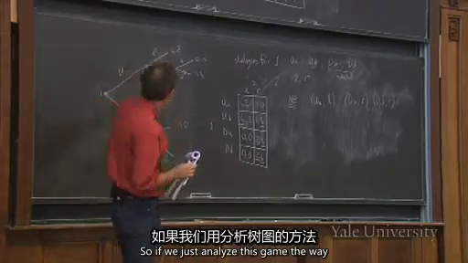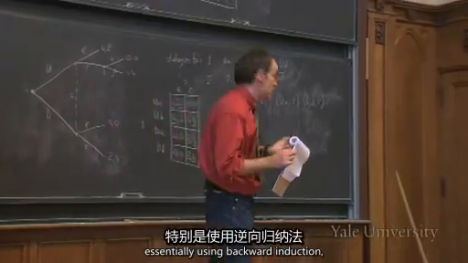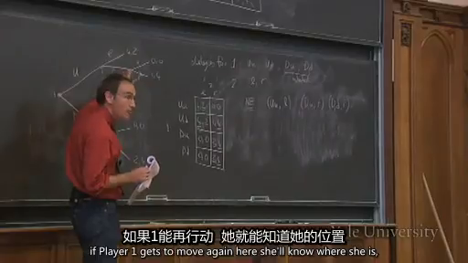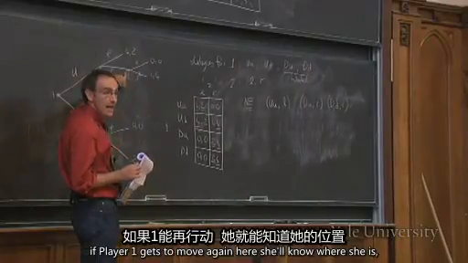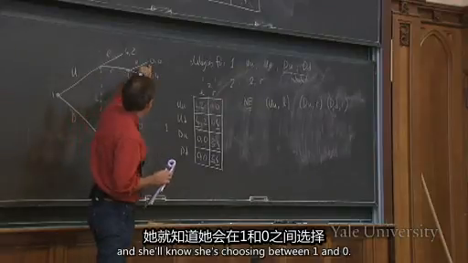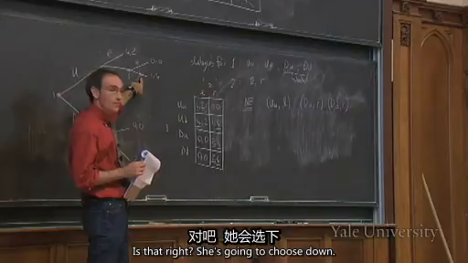That's very good. So if we just analyze this game the way we've been taught to analyze trees, essentially using backward induction, we first of all observe that if player 1 gets to move again here, she'll know where she is, and she'll know she's choosing between 1 and 0. She's going to choose down. Is that right? She's going to choose down.